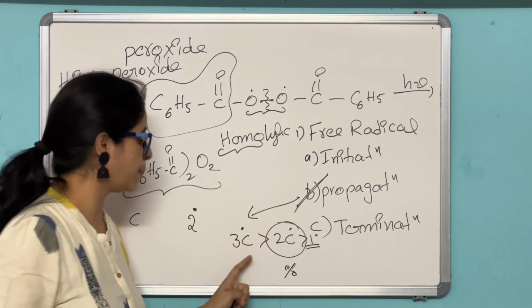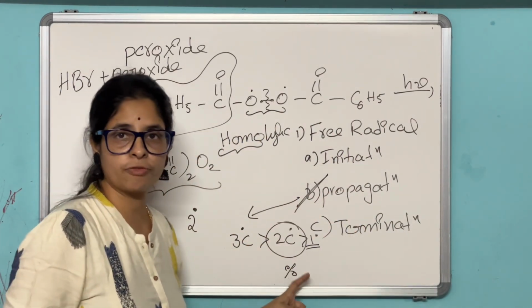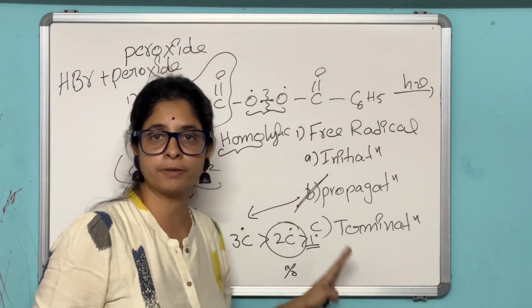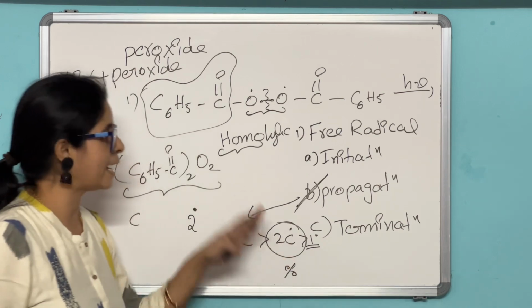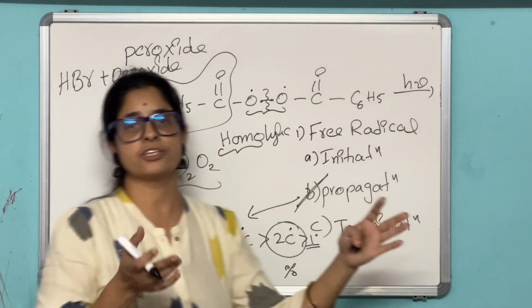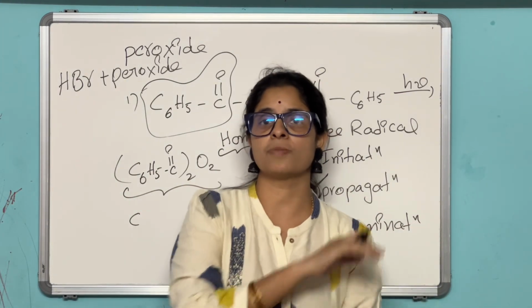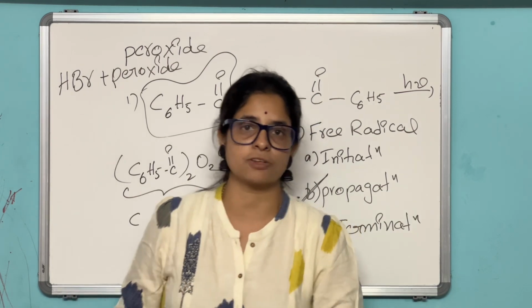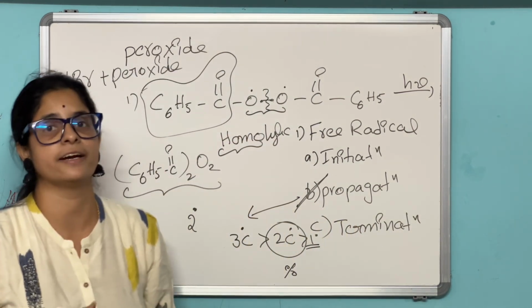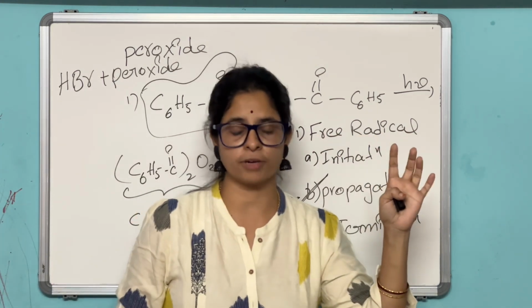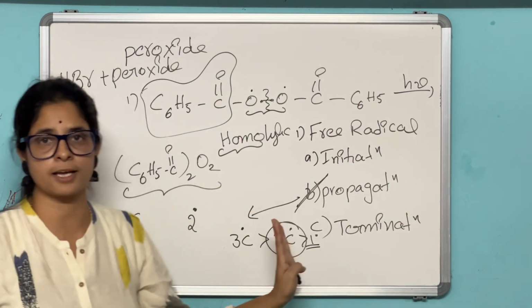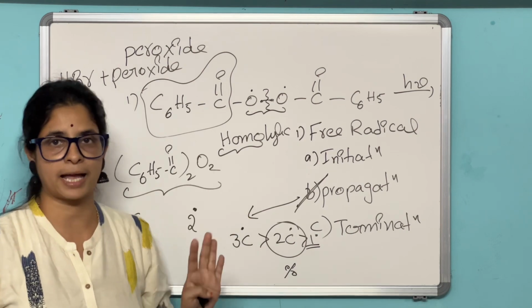During the propagation step, it leads to the formation of a secondary carbon free radical, which is more stable than primary. So the addition follows opposite to, against Markovnikov's rule. So it is otherwise called as anti-Markovnikov's addition. The entire reaction takes place through the free radical mechanism.